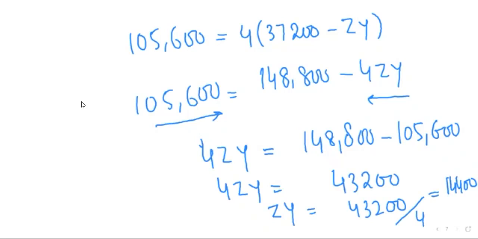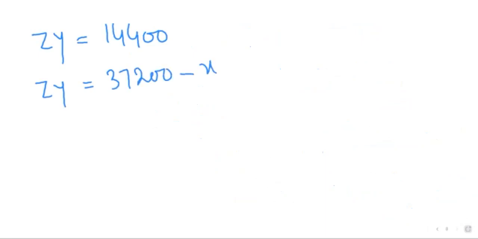Now in the last part it says find out the values of x, y and z. So from here we know zy is 14,400 and we also know that zy is 37,200 minus x.